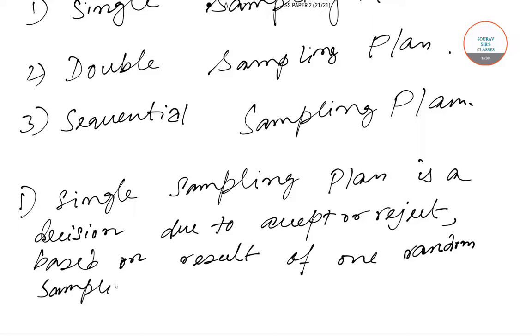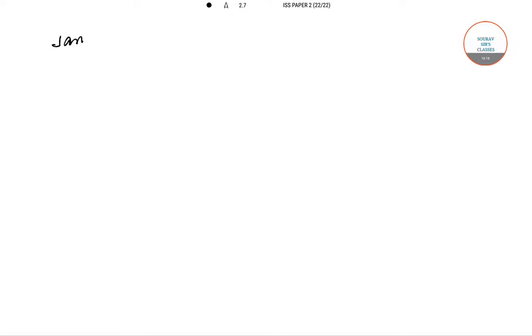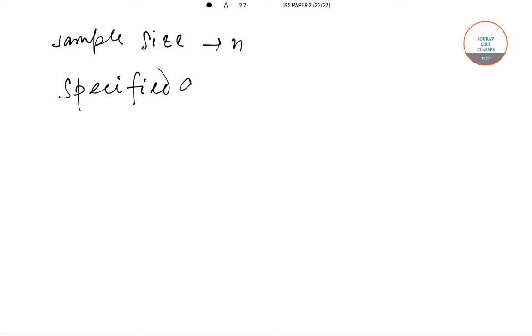Now, there are a few things you need to know about single sampling plan. First of all, the sample size is small n. Specified acceptance number is C, and the samples are either repaired or returned to the producer in this case.